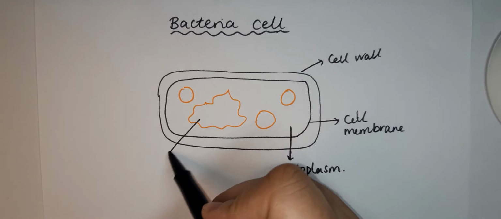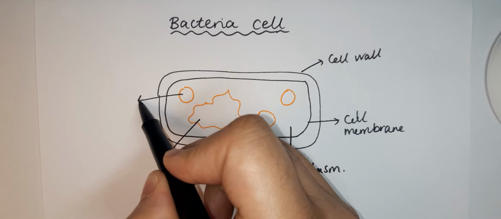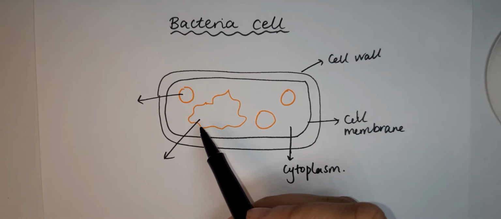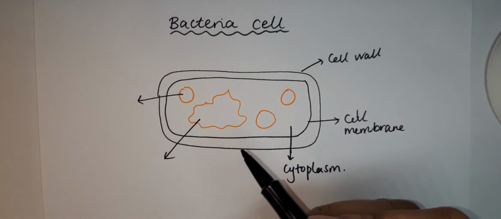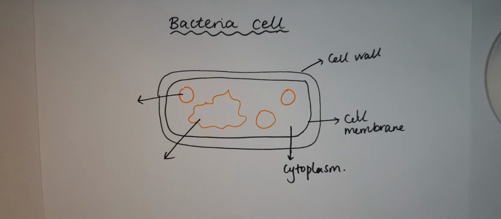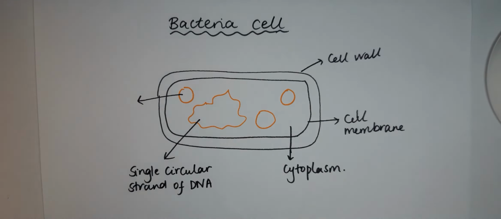So this one and this one. So this is not the nucleus. Well, it's the other version of the nucleus. So what is actually inside a bacteria cell? It has a nucleus, but it's like a singular. It's a single circular strand of DNA. So it doesn't really have a true nucleus.